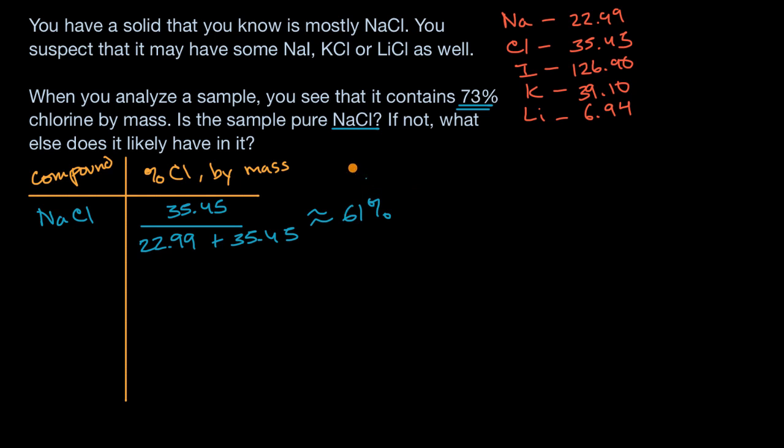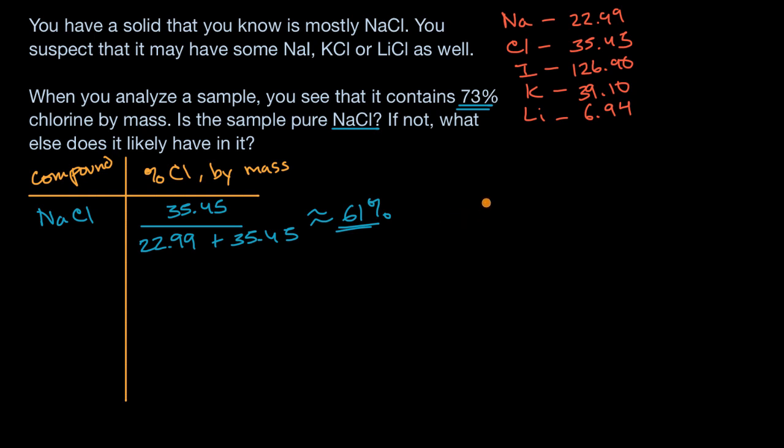So already it's very clear that to the first question, is the sample pure sodium chloride? No, it's not, because it has a different percentage of chlorine by mass than pure sodium chloride would. So it must have been mixed in with something that has a higher percentage of chlorine by mass.